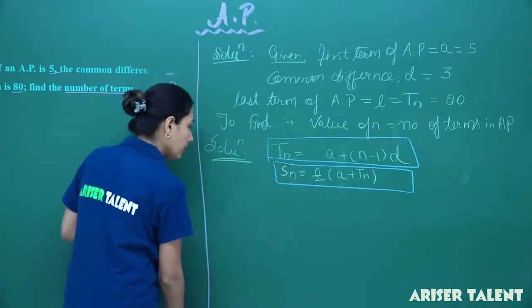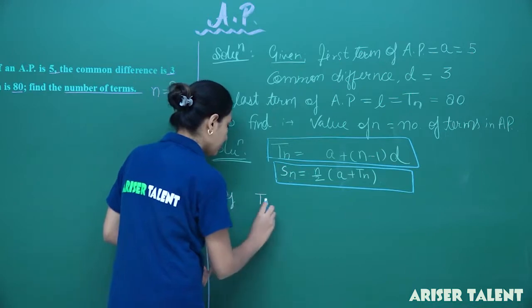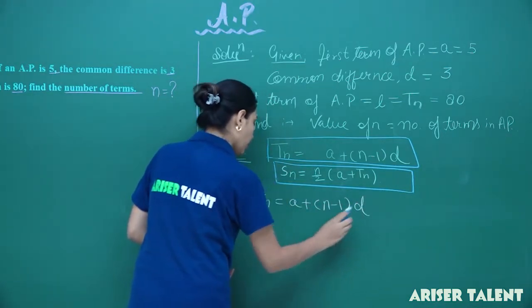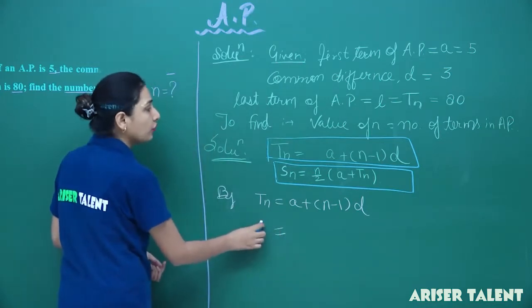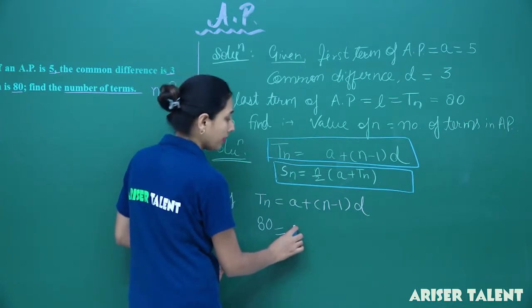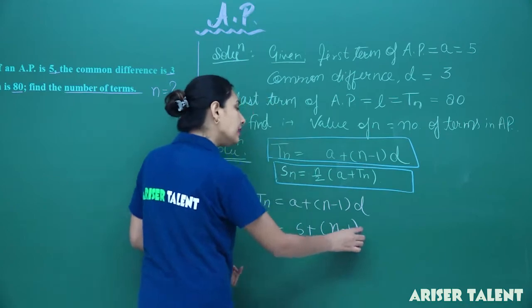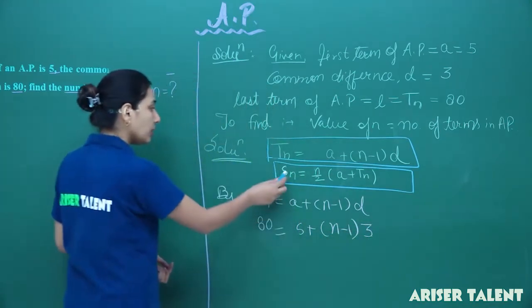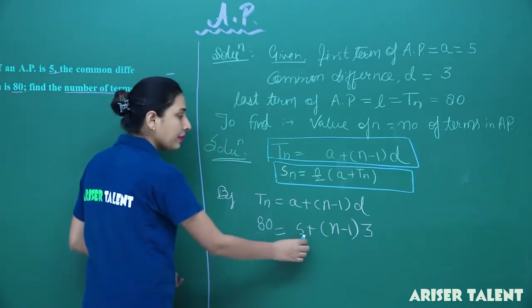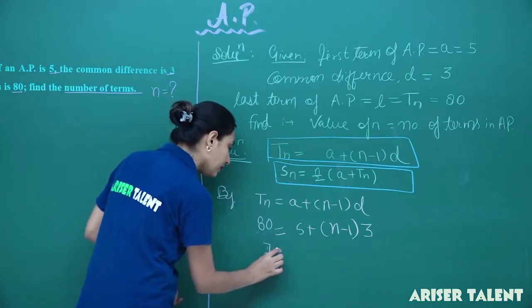By using the formula Tn equals A plus n minus 1 D, just put the values. The value of Tn is given as 80. The value of A is 5, plus n minus 1 times the difference, which is given as 3. So no need for the other formula; this formula is enough. Now, 80 minus 5 will be 75. So I can write 75 here.